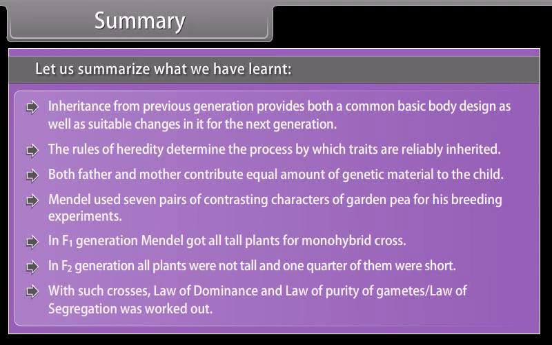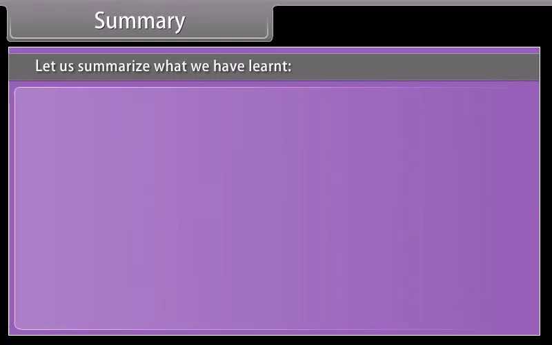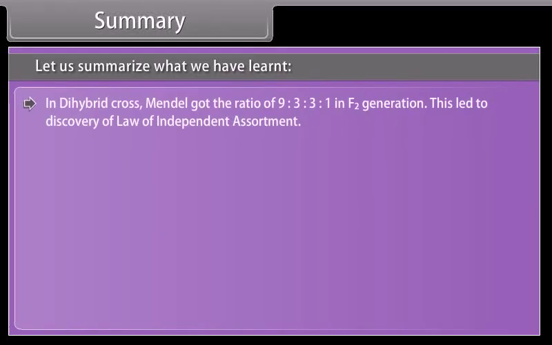With such crosses, the law of dominance and the law of purity of gametes, also called the law of segregation, were worked out. In the dihybrid cross, Mendel got the ratio of 9:3:3:1 in the F2 generation. This led to the discovery of the law of independent assortment.